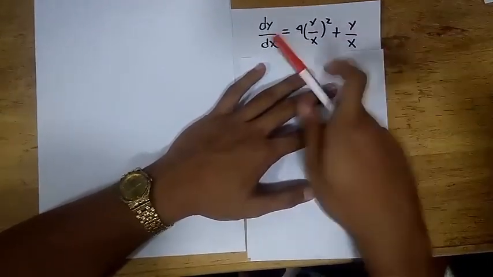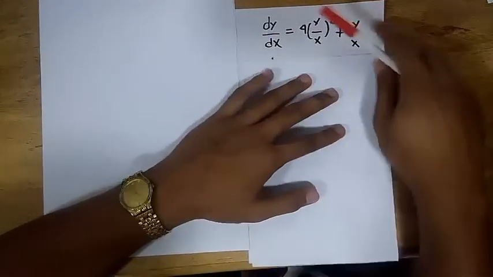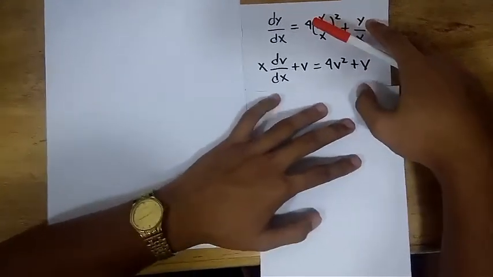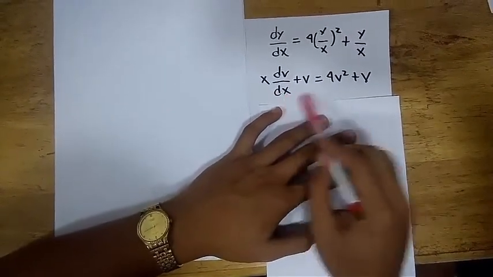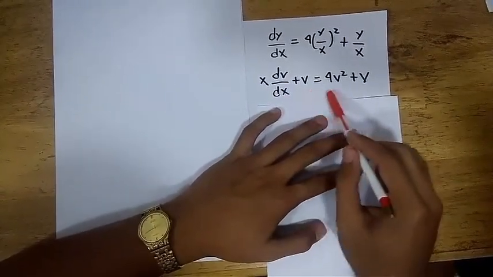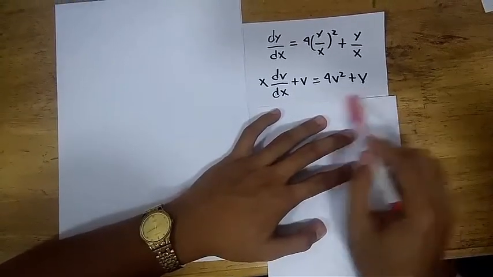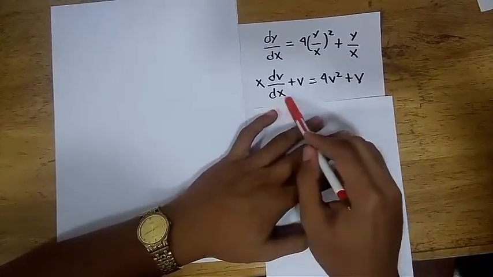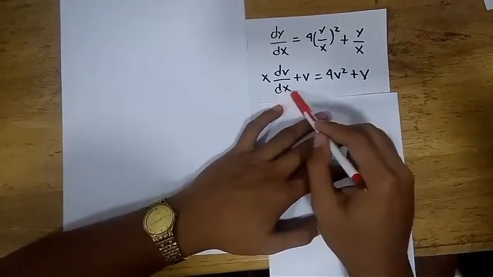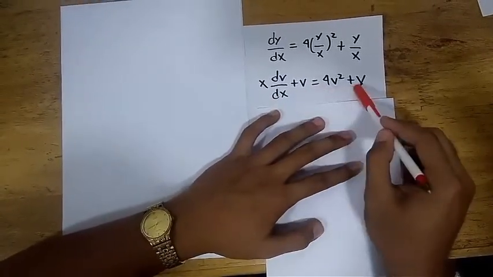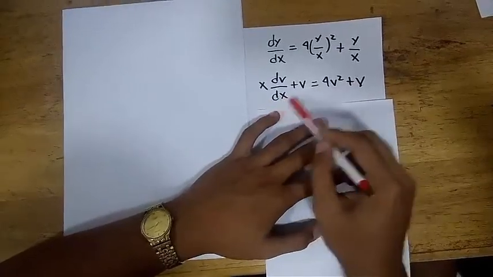According to the rules, dy over dx equals x times dv over dx plus v, and y over x equals v. So x times dv over dx plus v equals 4v squared plus v.